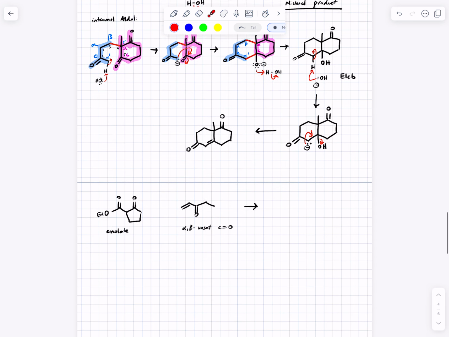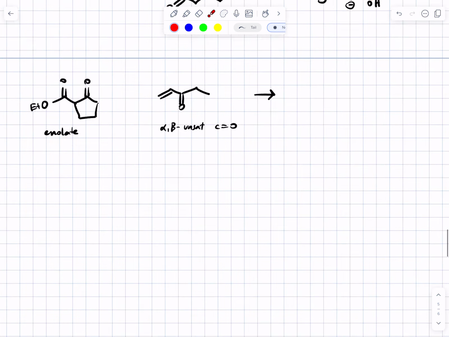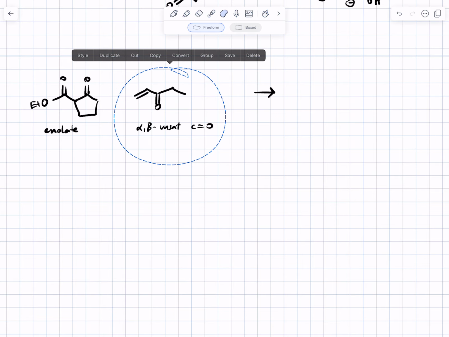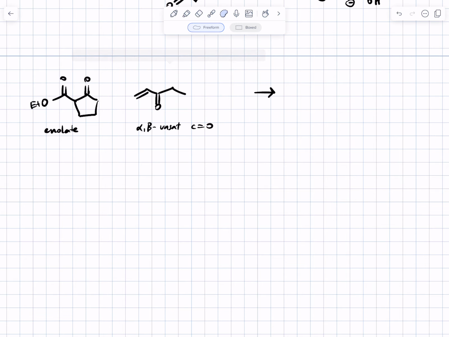You don't have to, but it may help. It may also not. I'm also going to recommend that at an early stage you draw the intermediate Michael addition product to help you figure out what's going to happen.